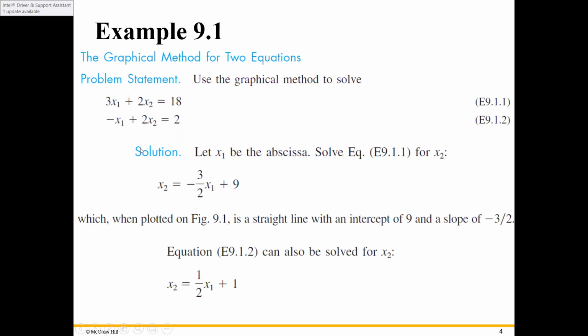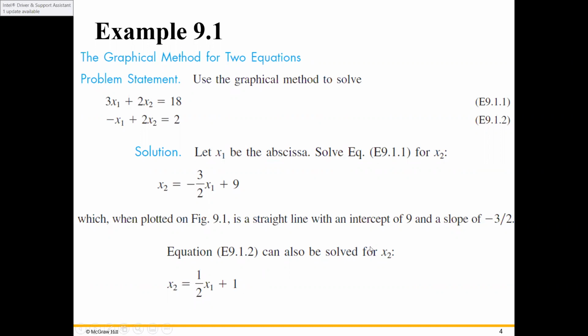Similarly, the second equation can be written as x2 equal to 1 plus x1 over 2, since 2 over 2 is 1. This is a line with an intercept of 1 and a slope of 1 by 2.